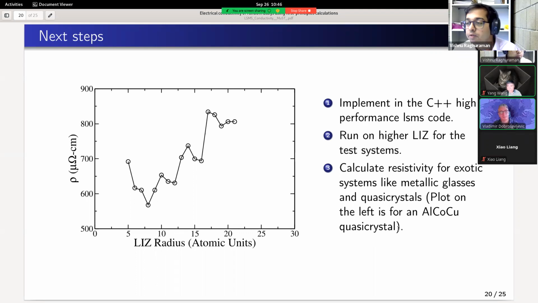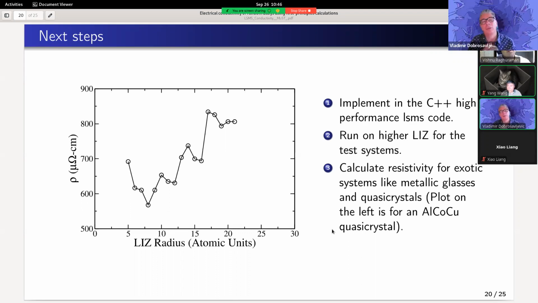Once the high performance code has been implemented, we will try the system. This was a test to see whether I would get something unphysical, or whether the code crashes, but it does seem to give something not too bad.